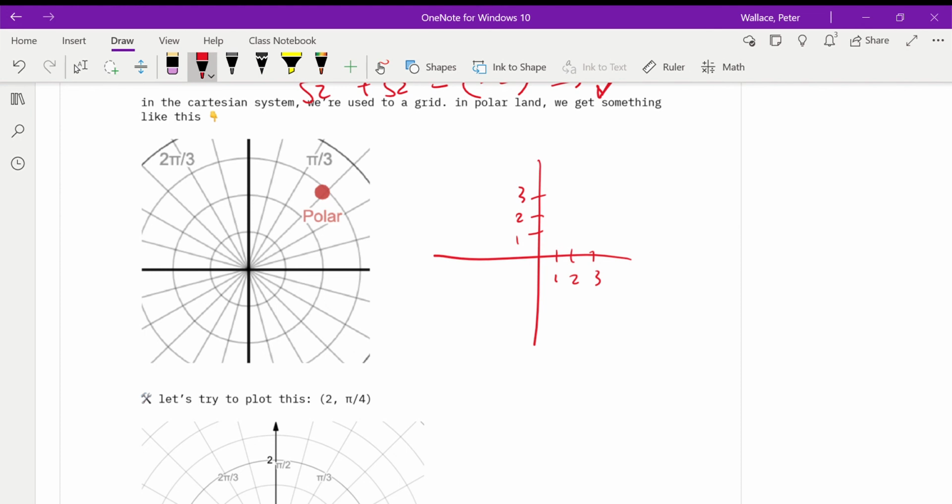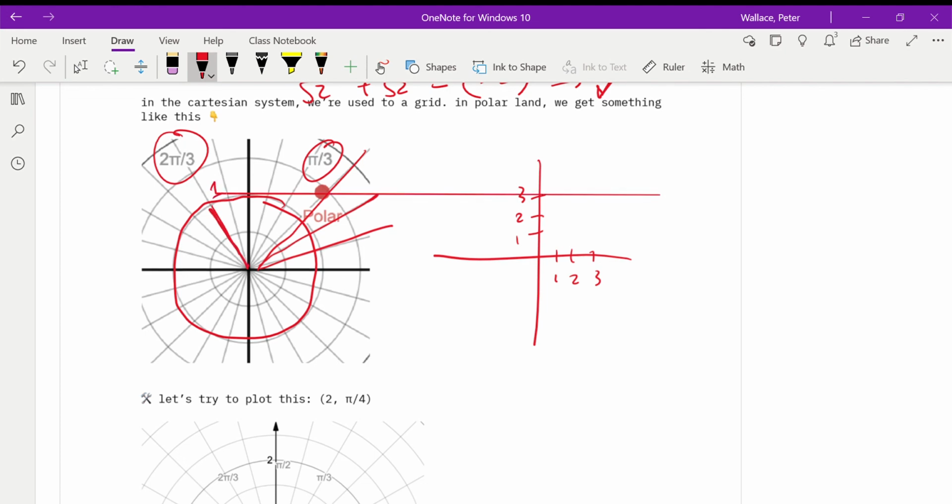So each of these radial lines here represent an angle. You can see this one is pi over 3, this one is 2 pi over 3, and each of these circles represents a different length of our radius, or another way to put that would be a different length of the hypotenuse of our triangle. So maybe this one is 1. So everything going around this circle could be a hypotenuse or radius of 1.